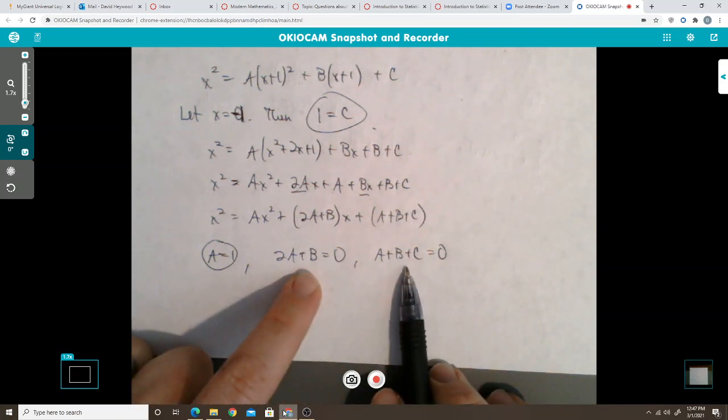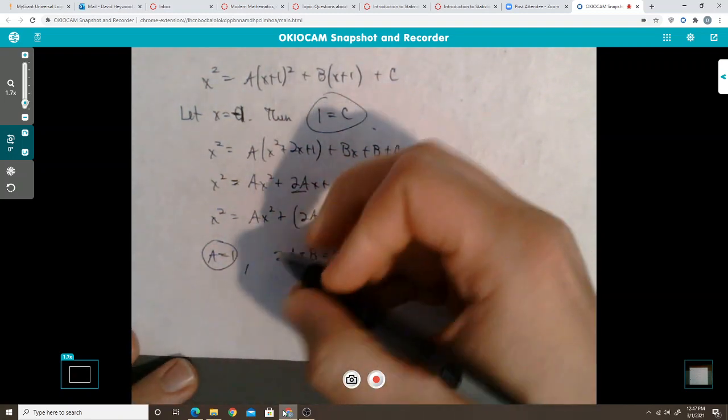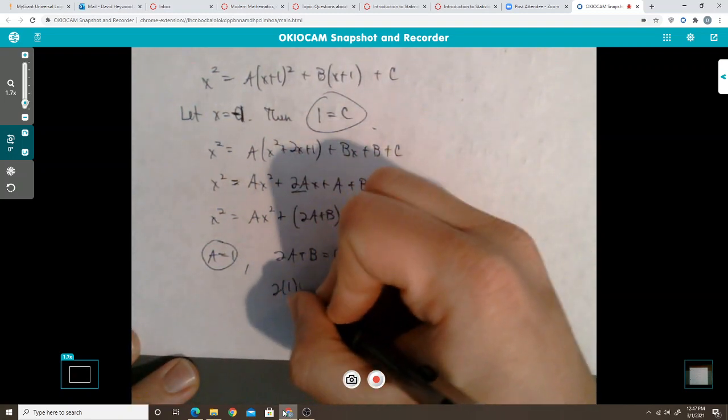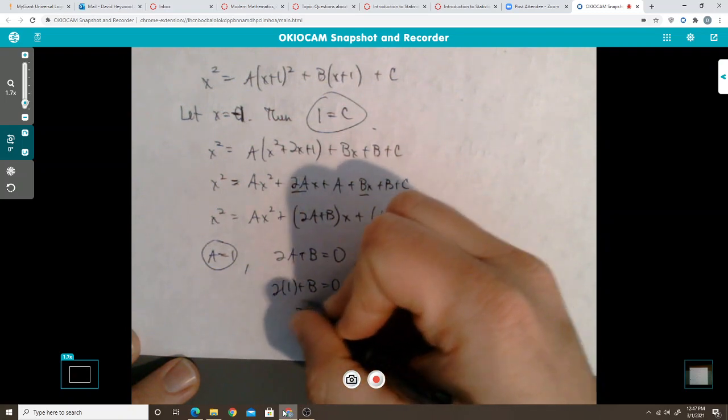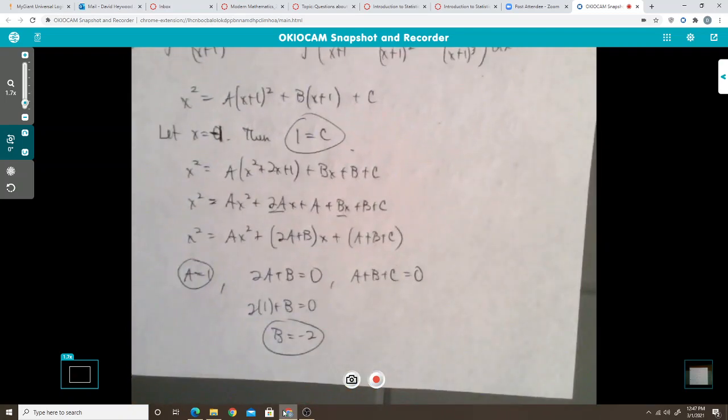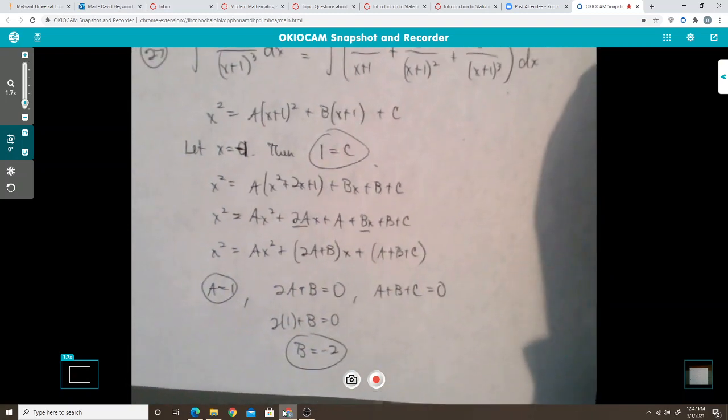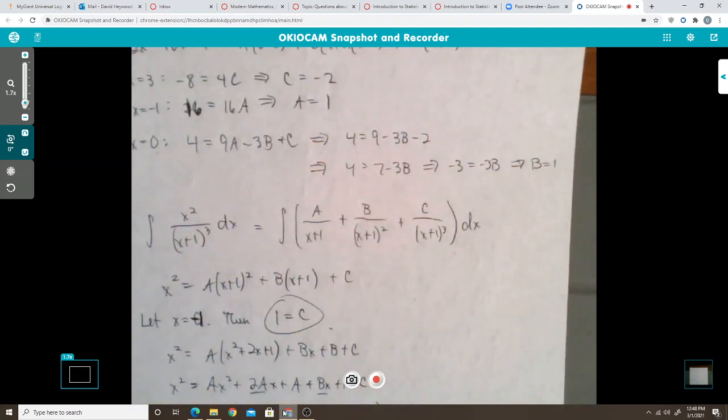So these two equations together can be used because I know that C is 1, but actually I know that A is 1 as well. So I can just say 2 times 1 plus B equals 0. So B is negative 2. And there you go, right? So that's that. That's how you deal with these partial fractions.